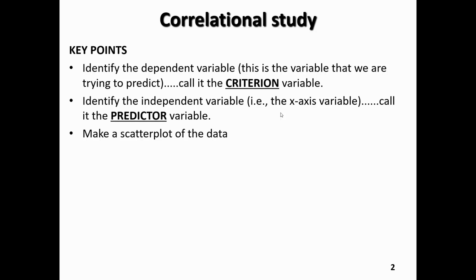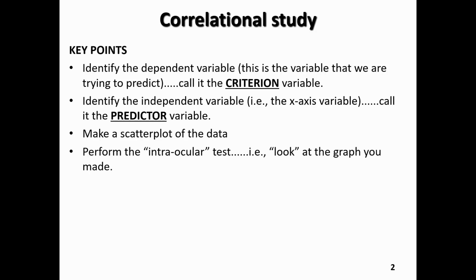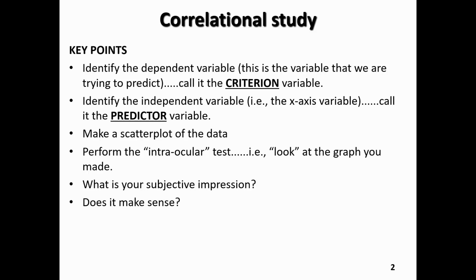When we want to examine a relationship between two variables, really the first step is to make a scatter plot of the data, and we'll see that here in this lecture. The researcher should always perform what I term the intraocular test, where the researcher just looks at the graph and gets a subjective impression of what the data on the graph are depicting.